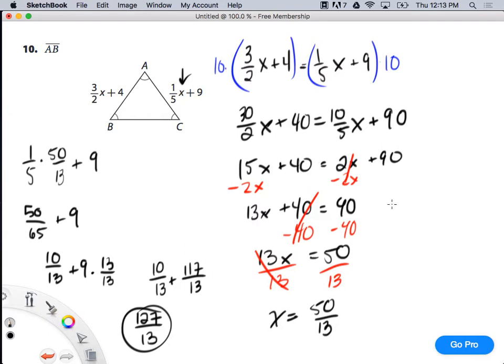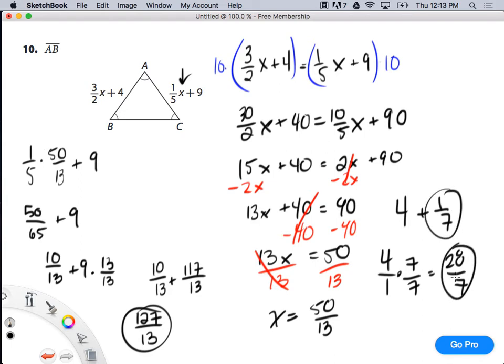If I want to do 4 plus 1/7, I can't just say, oh, it's 4 plus 1 is 5 over 7. I have to turn 4 into a fraction. So I do 4 over 1 times 7 over 7, and that becomes 28 over 7. And now I can combine 1/7 and 28 over 7 because they have common denominators. Does that make sense? Yes.